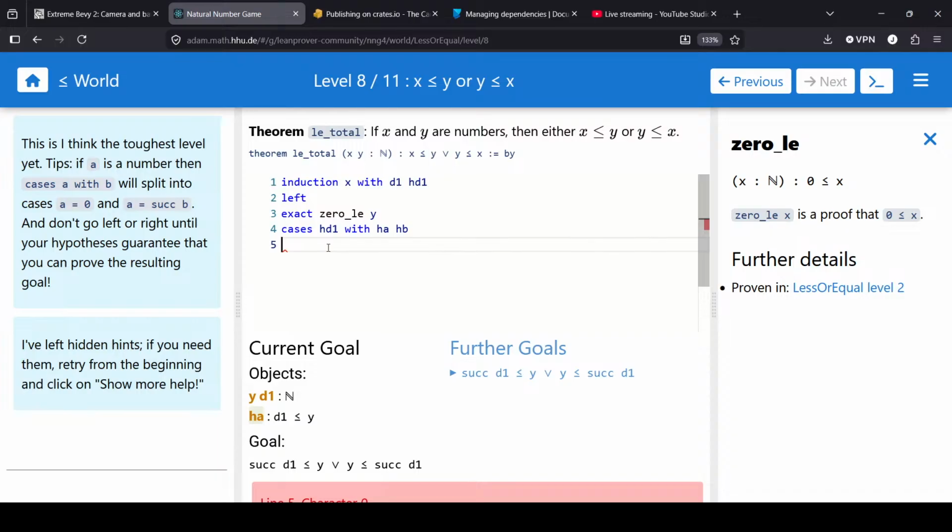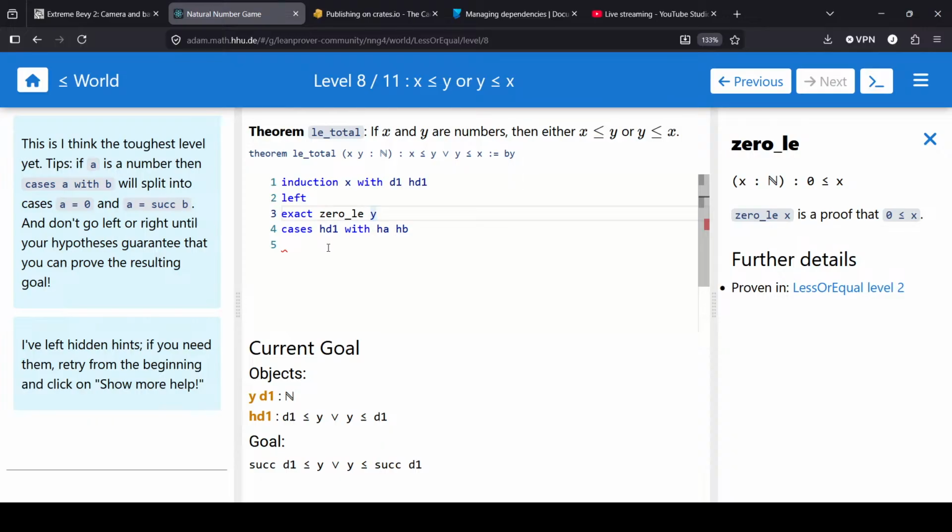Because I don't know what to do with that hypothesis. The hypothesis is really like the fact that it's a or makes things hard. I feel like the only thing I can do though is case split on it.